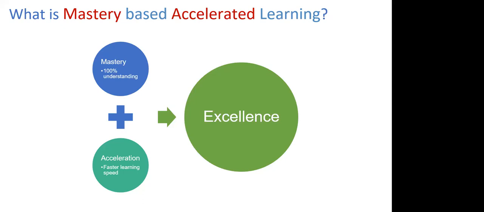Acceleration is something which is very, very interesting concept, in the sense learning is not linear. Learning is non-linear actually. So how to make this learning a non-linear curve which is continuously increasing?